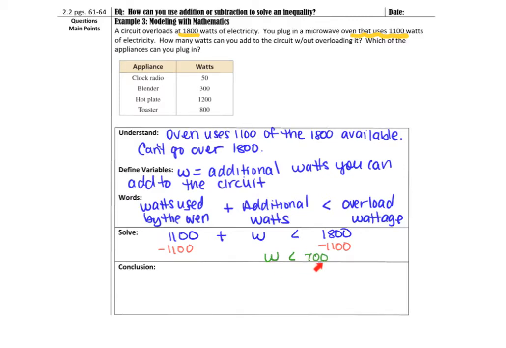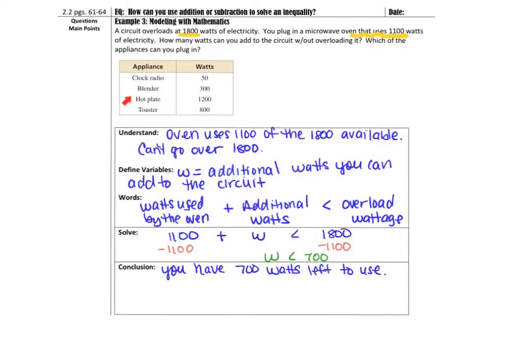Let's think about what this answer means. If you have additional watts that you can use that are less than 700, that means you have 700 watts left to plug in. The question asks, which of the appliances can you plug in?